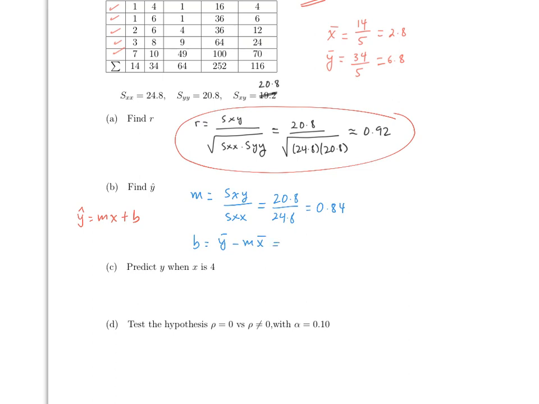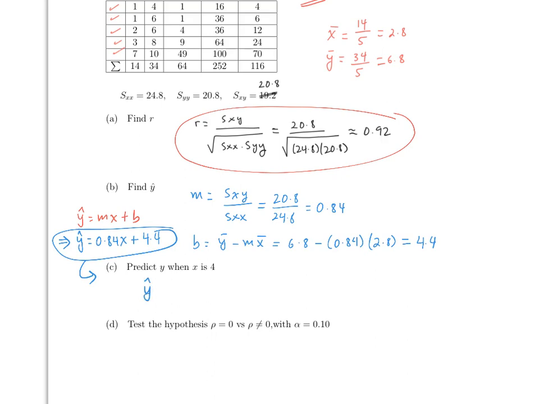So this will be 6.8 minus m, the value we just found, times x bar, which is 2.8, and this equals 4.4. Hence the equation of best fit will be y hat equals 0.84x plus 4.4. So this is the equation you need to predict the value.